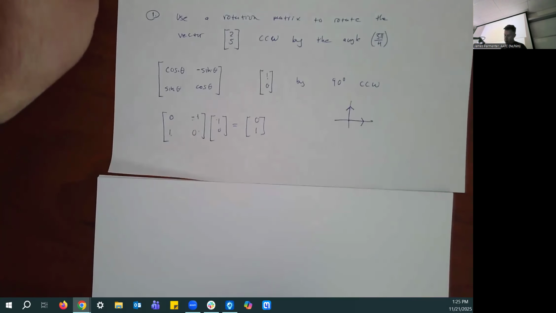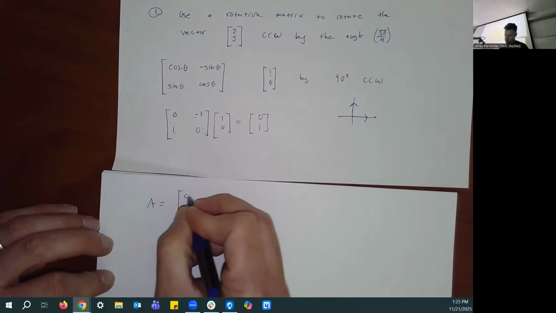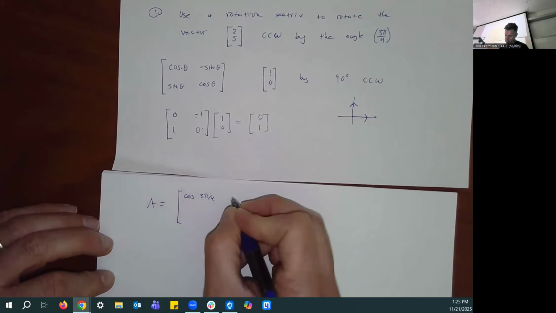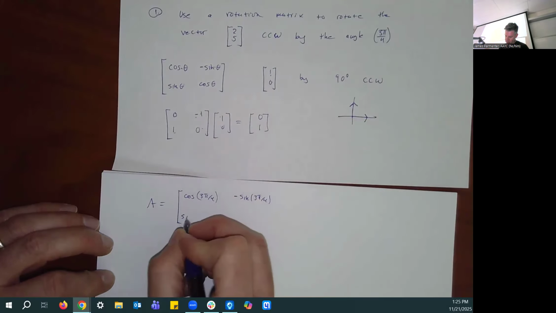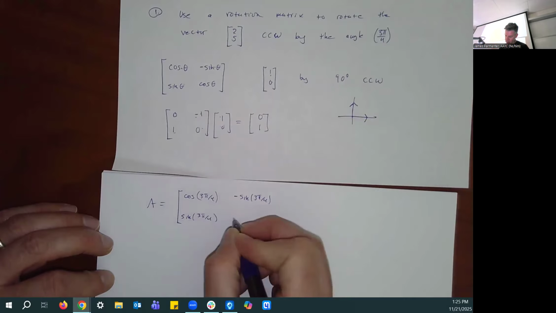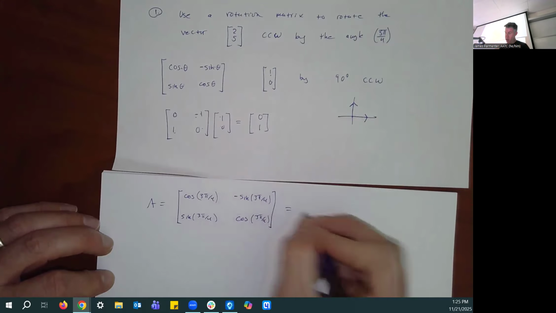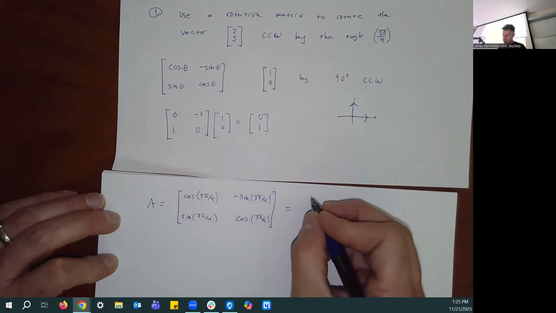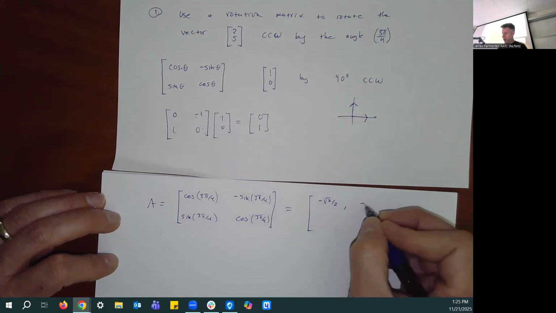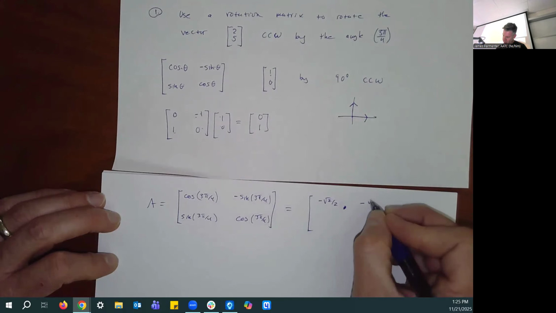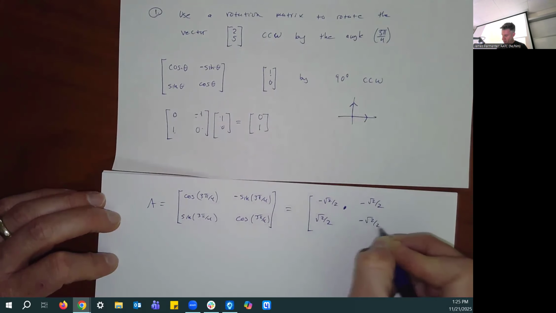So in this case, our matrix should be cosine of 3 pi over 4, negative sine of 3 pi over 4, sine of 3 pi over 4, and cosine of 3 pi over 4, which is going to be negative root 2 over 2, negative root 2 over 2, root 2 over 2, negative root 2 over 2.